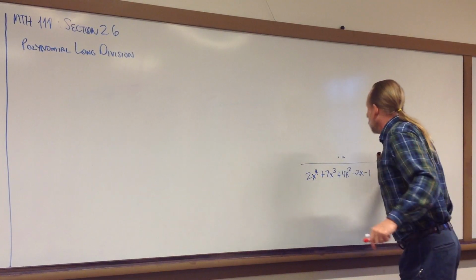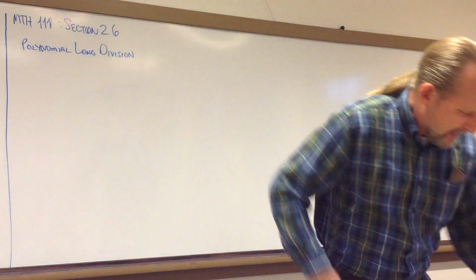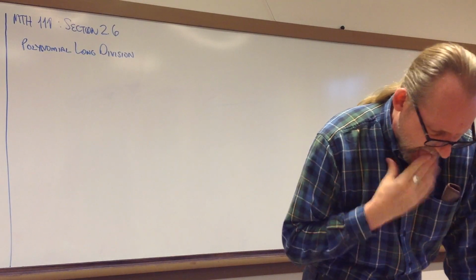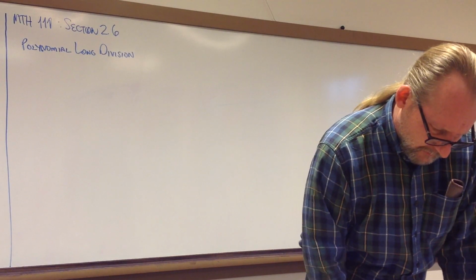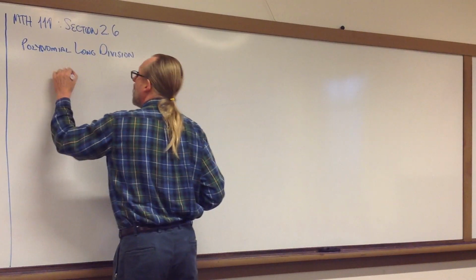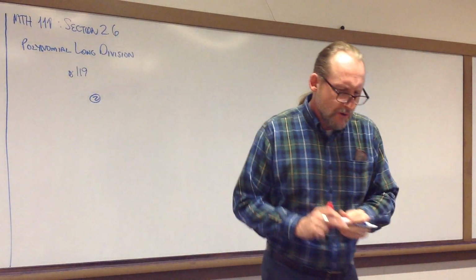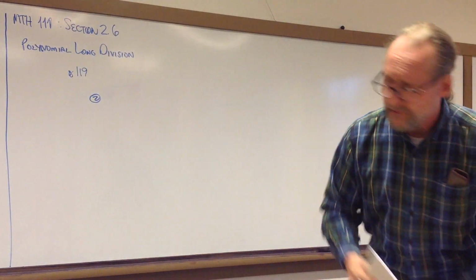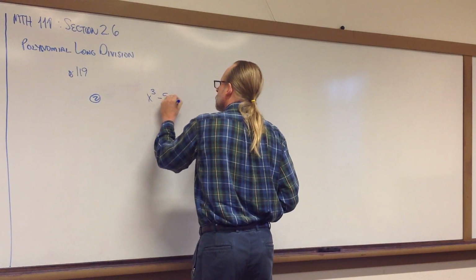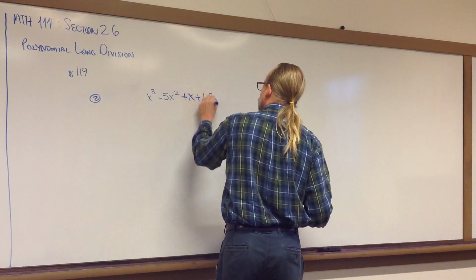Okay, let's look at some sample problems in the exercises. On page 119. So, problem 2, we have x to the third minus 5x squared plus x plus 15.